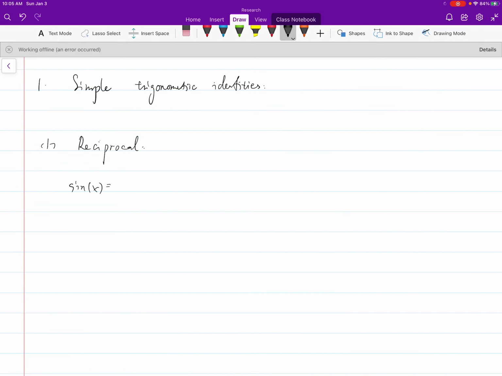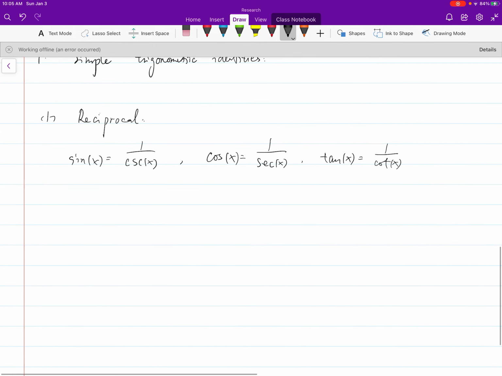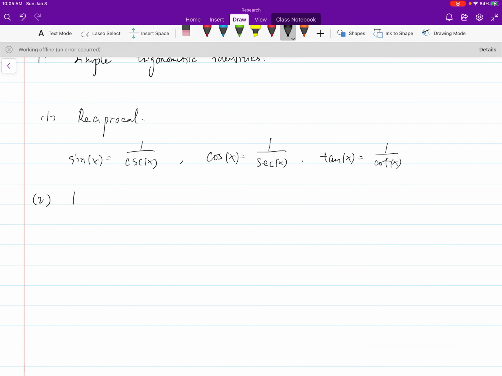We are very familiar with this now. We have 3: sine and cosecant, cosine and secant, and finally tangent and cotangent. That's the first 3 sets of reciprocals.